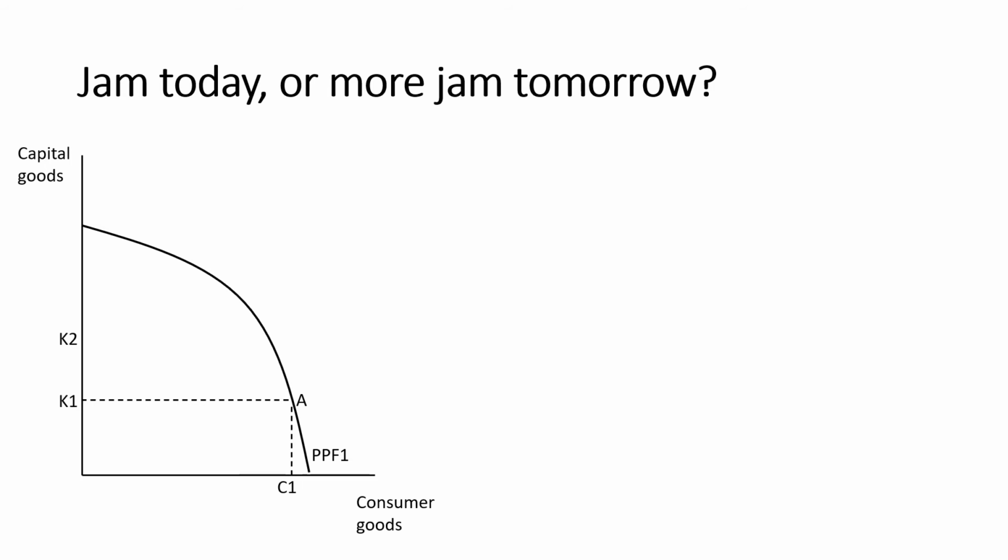To produce more capital, additional factors of production will be needed in the capital goods industry. If you remember, when you're operating on the edge of the frontier, there are no factors of production lying idle. Therefore, the factors of production needed in the capital goods industry to raise output from K1 to K2 have got to be withdrawn from the consumer goods industry.